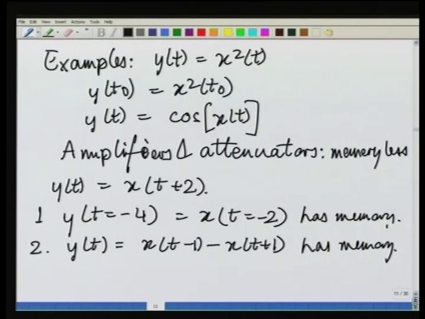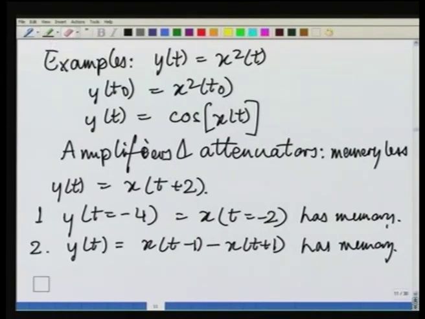So, these are all examples of systems with memory. Let us make just one more example. Let us not declare whether it is an example of a system with memory or without memory, and let us see what it is.